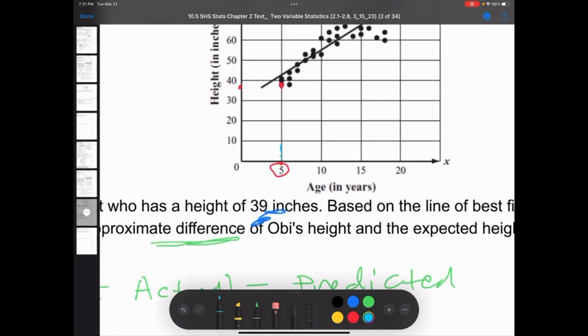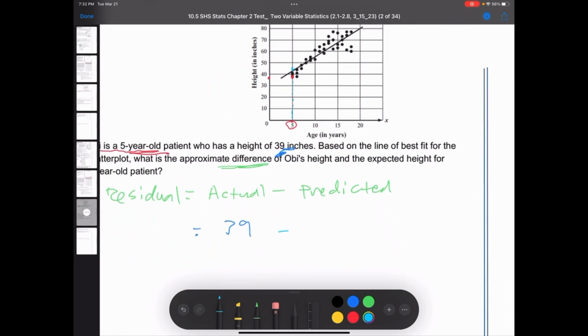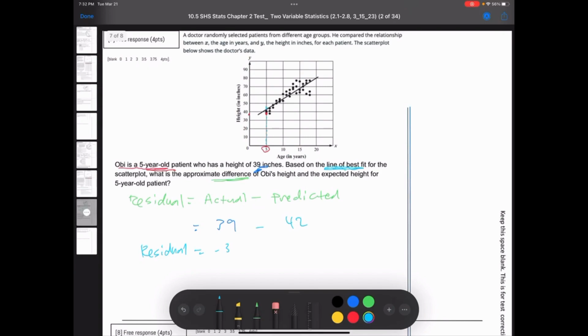If you go all the way up to the line, I think that's maybe 41 or 42. You'll notice that the red dot is below the line of best fit. That's why it's a -3. So OB is a little bit shorter than what he should be, and that's called a residual of -3.